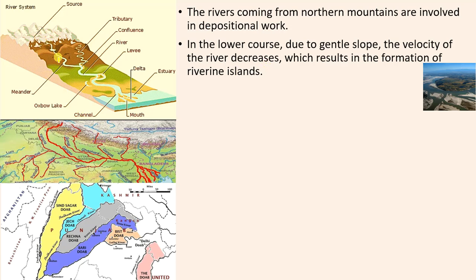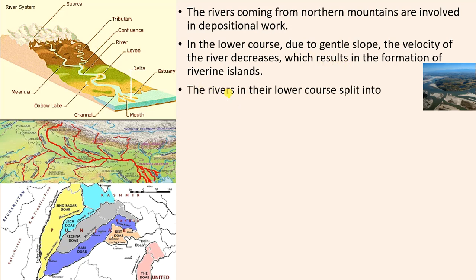As the slope decreases, the speed of running water in the river also decreases, and the river becomes wider and less deep, while in the higher slopes the rivers are narrower and deeper.